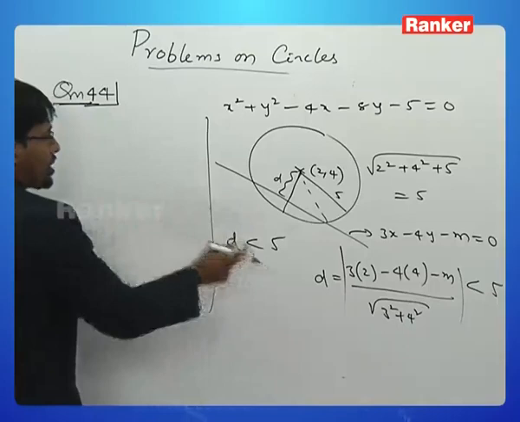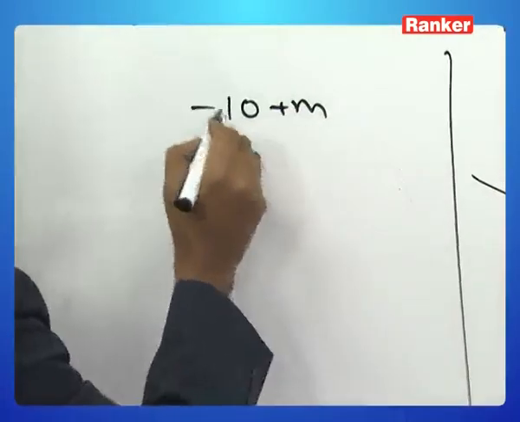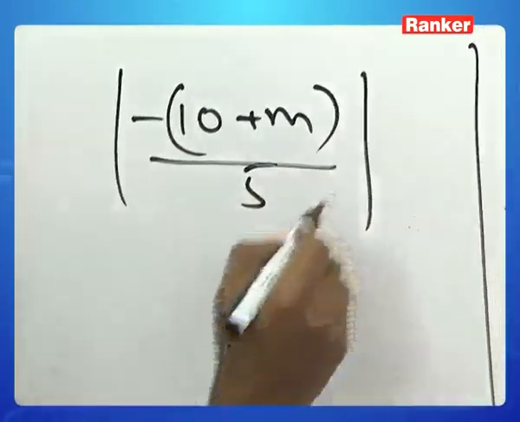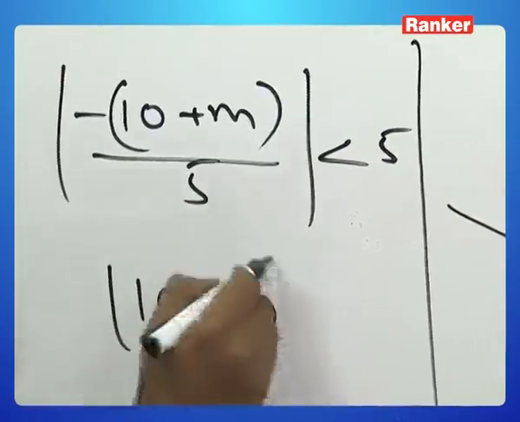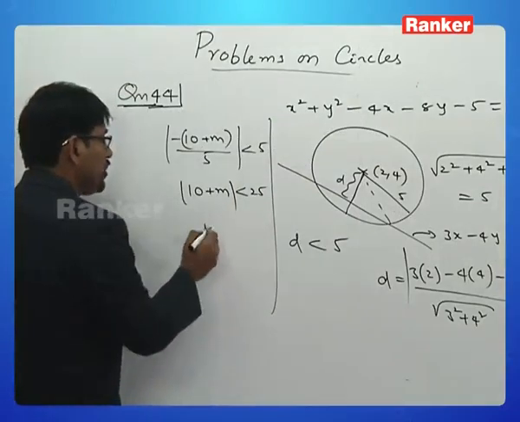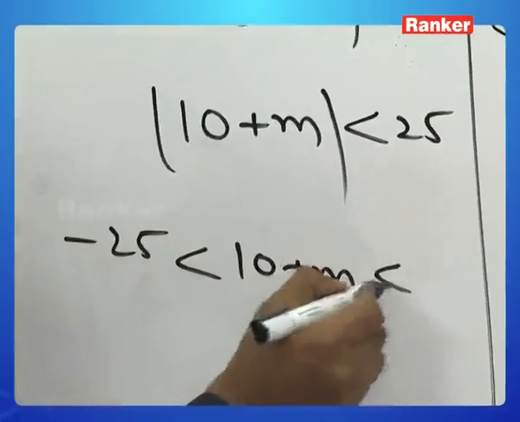So 6 minus 16, that is minus 10, minus m, so modulus of 10 plus m by 5 should be less than 5. So modulus of 10 plus m should be less than 25.